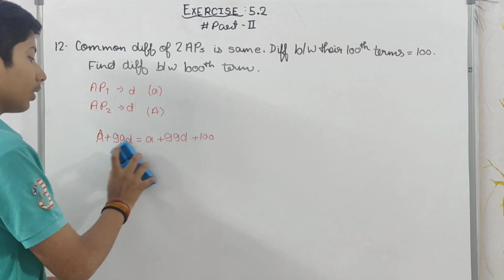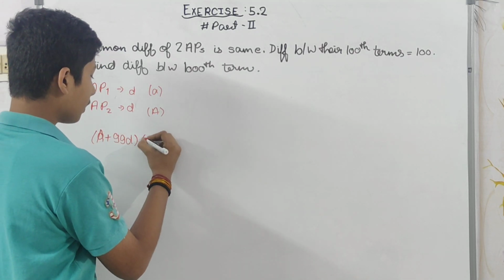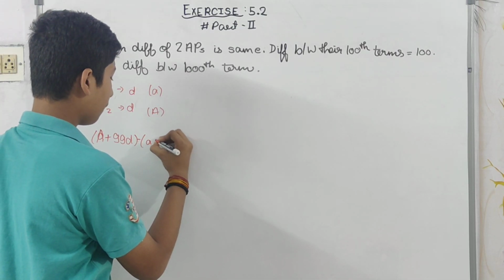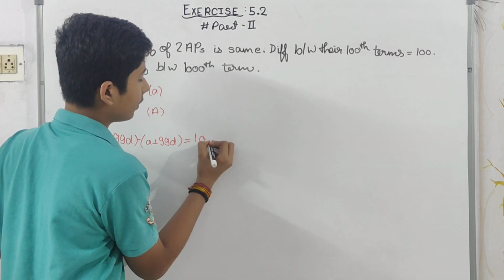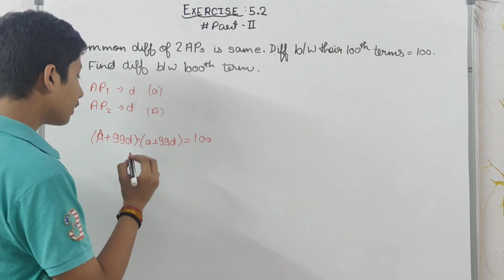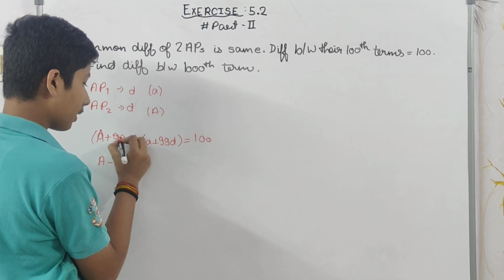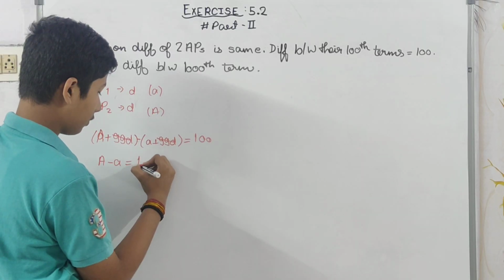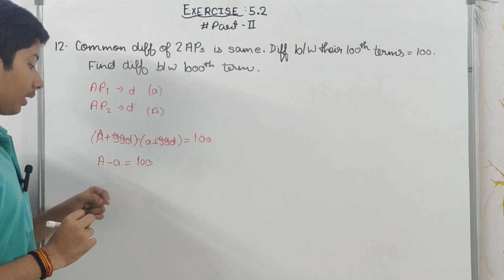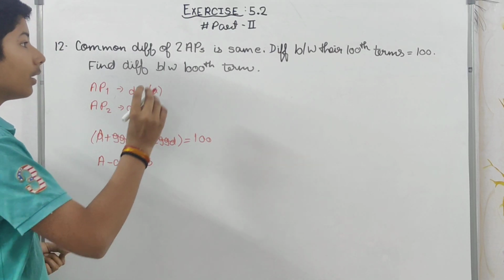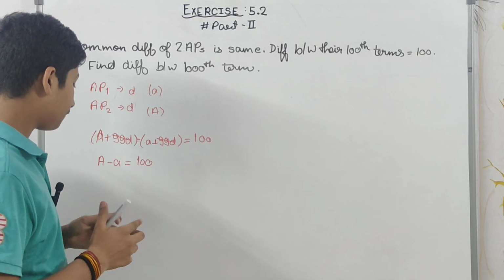How can we write this? You can write it like this also, but if we subtract a' plus 99d from this, we'll get 100. Okay, now a minus a', this 99d will get cancelled, equals 100. Now we have got the value of a minus a'. Now we have to find the difference between their thousandth terms.